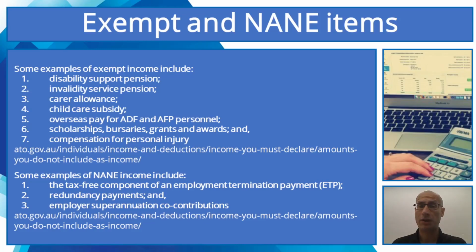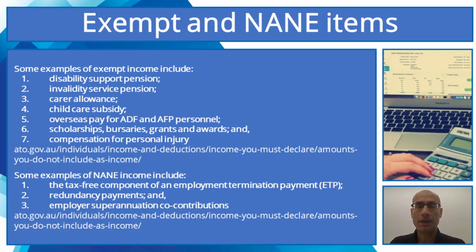Similarly, for Australian Defence Force or Australian Federal Police Force personnel serving overseas and being paid by the Commonwealth, or for recipients of bursaries, scholarships, and grants, be they from private entities or from the Commonwealth. So these examples are exempt income. Another is where a person receives compensation. There's a statutory rule that compensation for personal injury is neither capital nor income in nature. It is deemed to be exempt income.